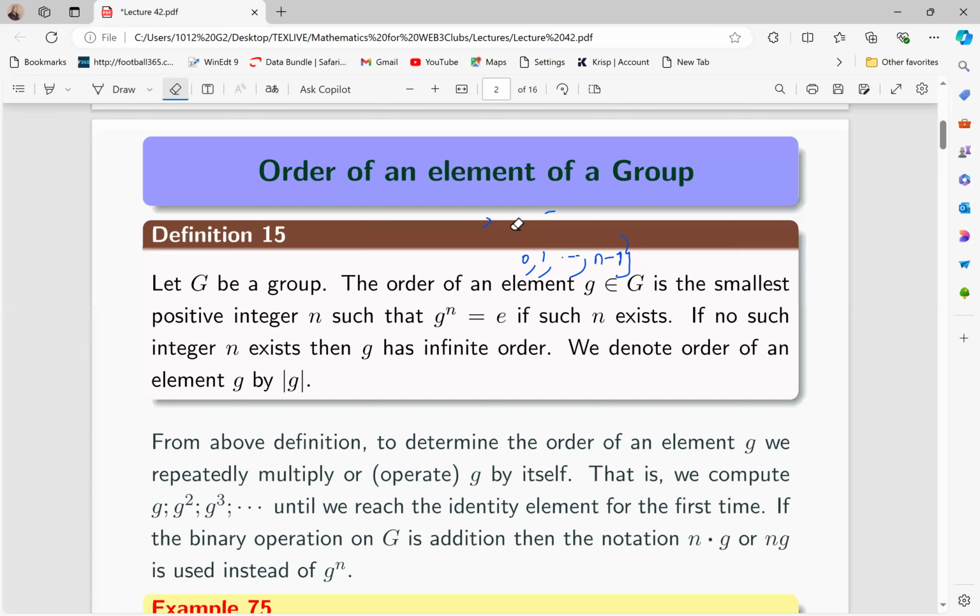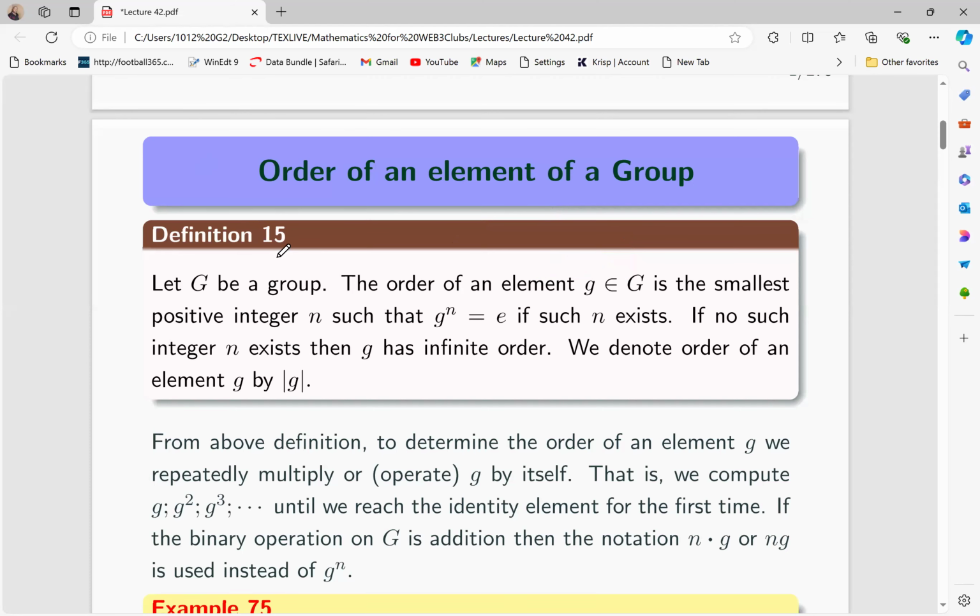So that when we talk of the order of a group and then the order of an element, you don't confuse the two. The order of an element, we are talking about the element of a group. What is the order of that element? That is slightly different from the order of a group, because for the order of a group, we talk about the number of elements in the group.